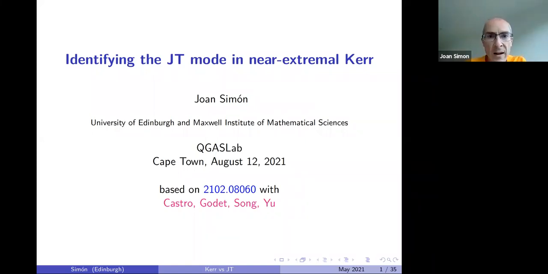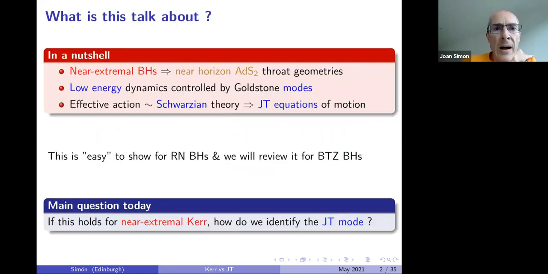So indeed, let's see. Now, yes, okay. What I would like to talk about today, to make sure that I convey the message to begin with, is the fact that typically there is a theorem in general relativity, or in more general gravitational theories, saying that near-extremal black holes have a geometry very close to their horizon, which is what people technically call the near-horizon geometry.